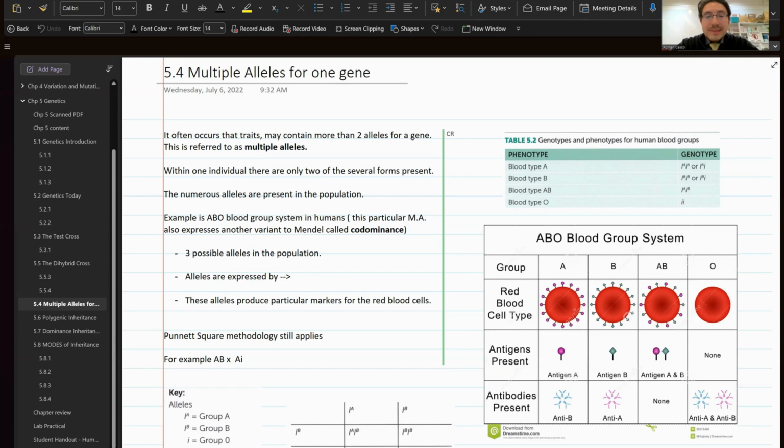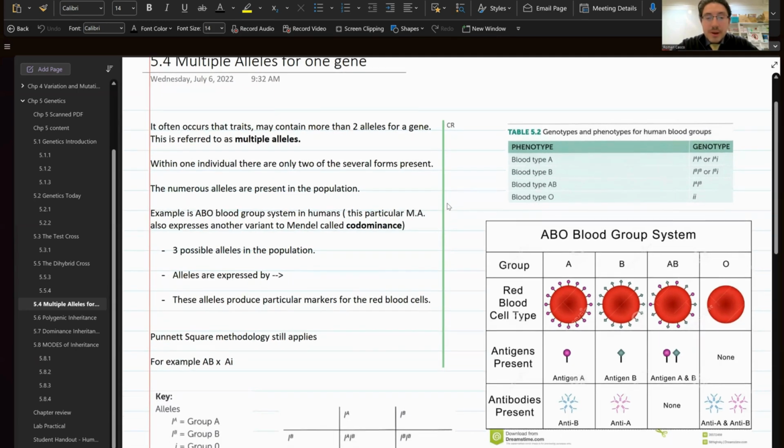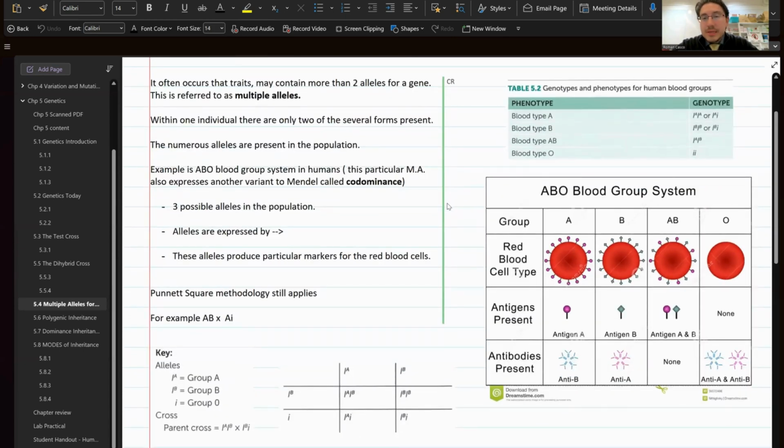In this case, you have three possible alleles for a population. The alleles are expressed by a particular protein, and ultimately a protein is what forms that particular trait.